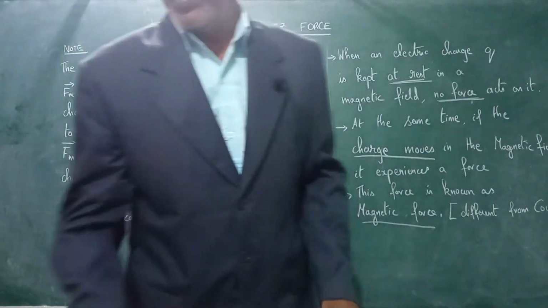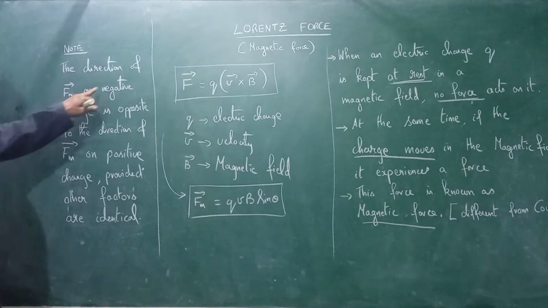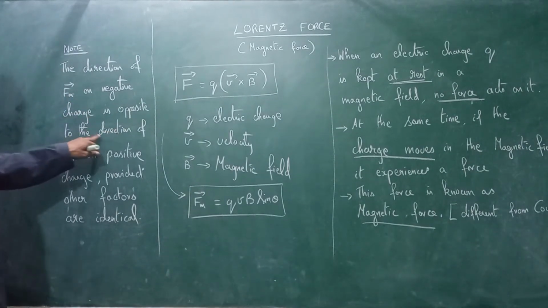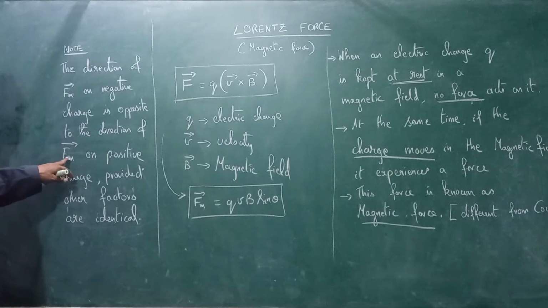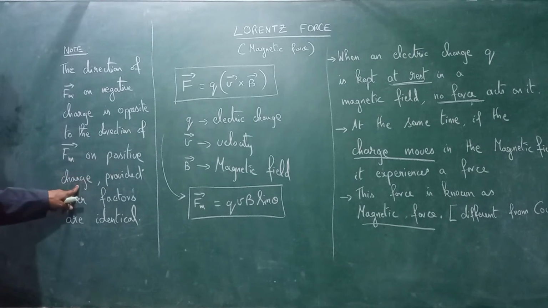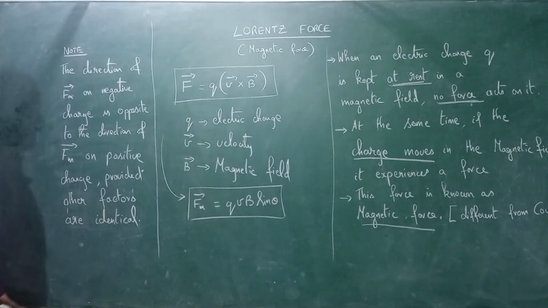Now we have the statement: the direction of magnetic force on negative charge is opposite to the direction of F_M on positive charge, provided other factors are identical. What are the other factors?